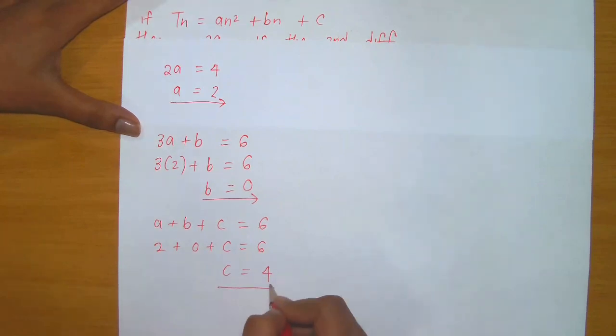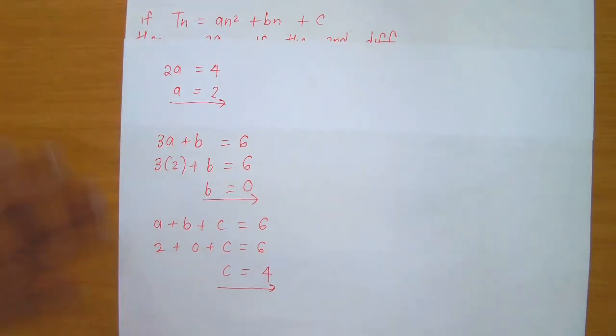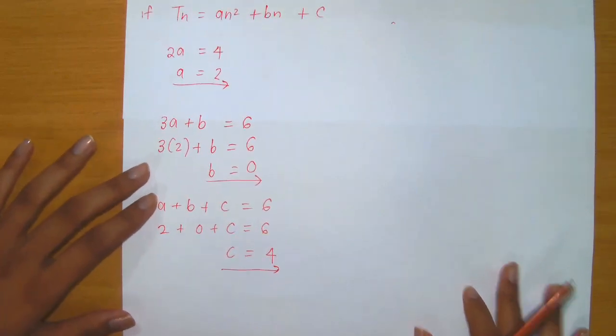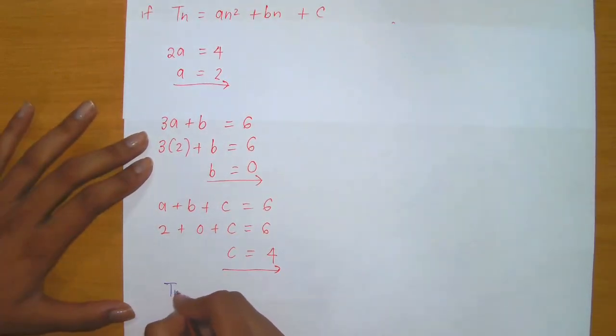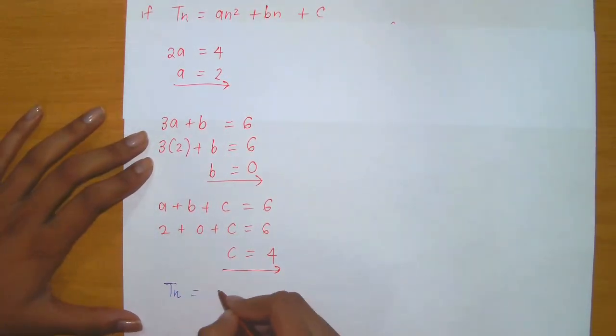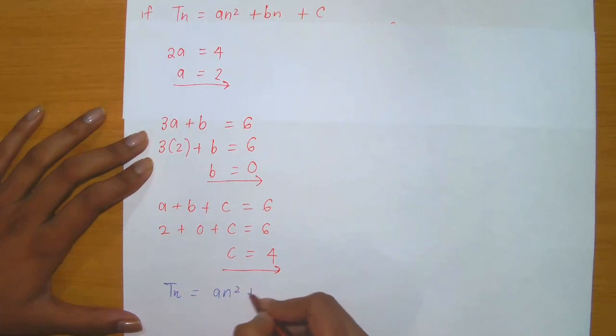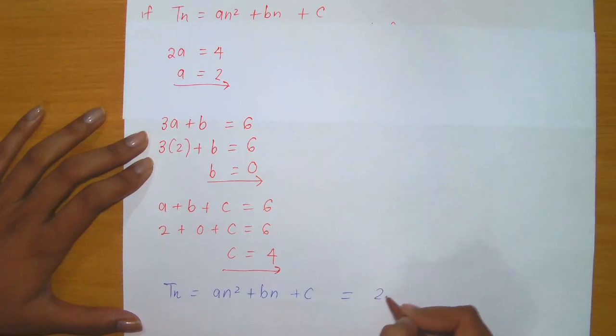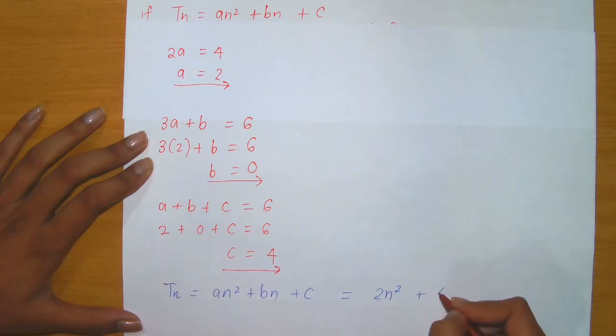So we have a equals 2, b equals 0, and c equals 4. So the general term for our sequence Tn, which is an squared plus bn plus c, is equal to 2n squared plus 0 times n, which is 0, plus c, which is 4.